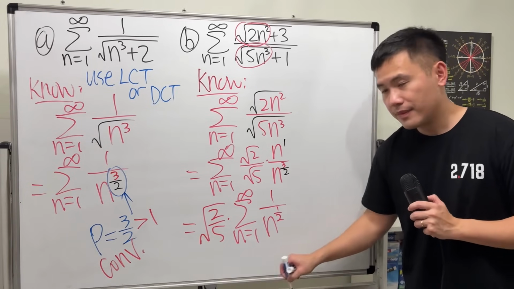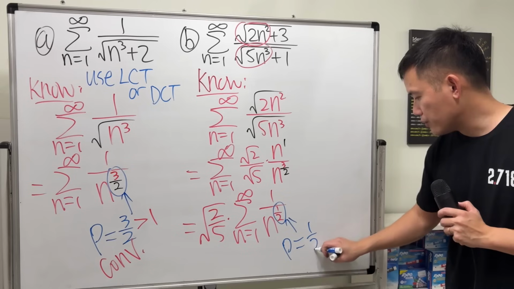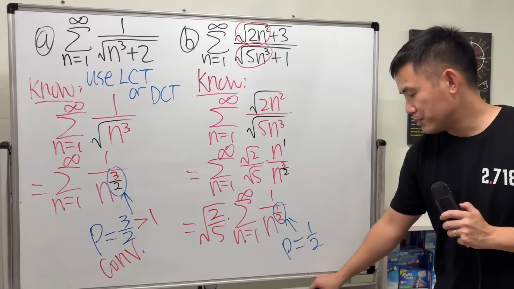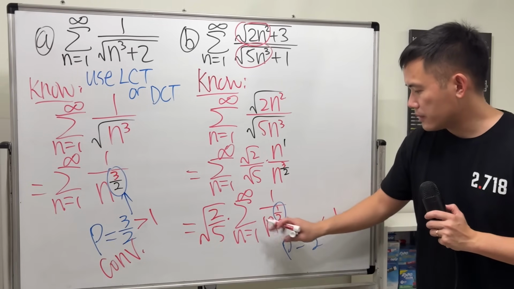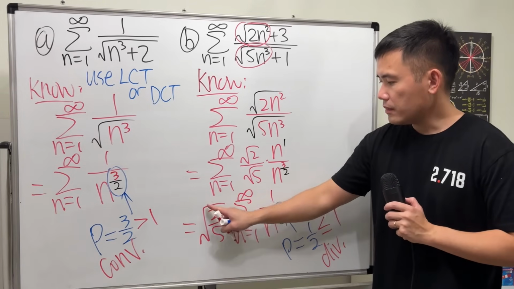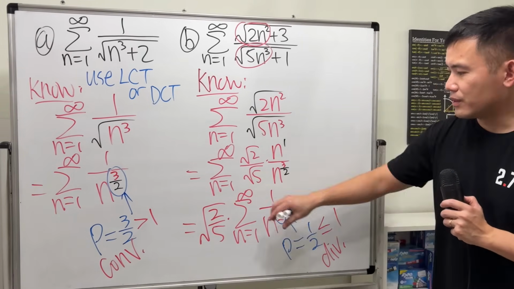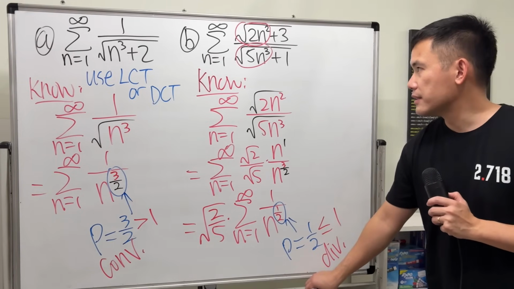Now, this is our p, which is 1 over 2. But this p is what? This p is less than or equal to 1. Therefore, this series here diverges. And then when you multiply that by the square root of 2 over 5, again, that doesn't matter, right? It's still divergent.